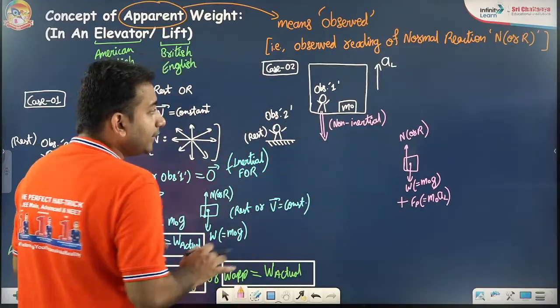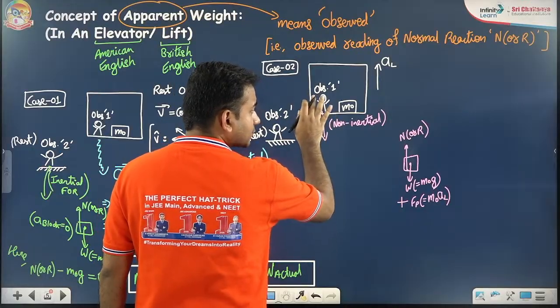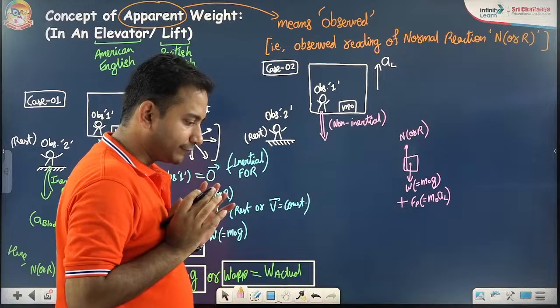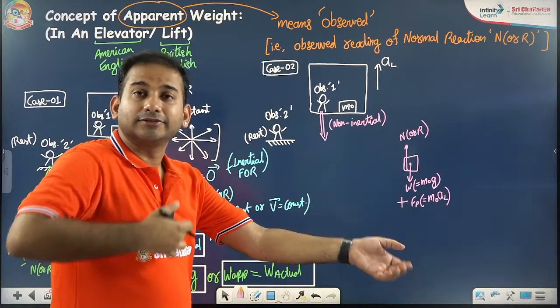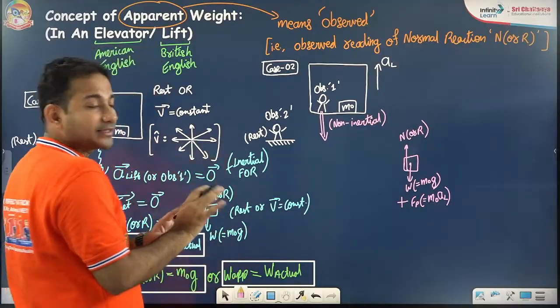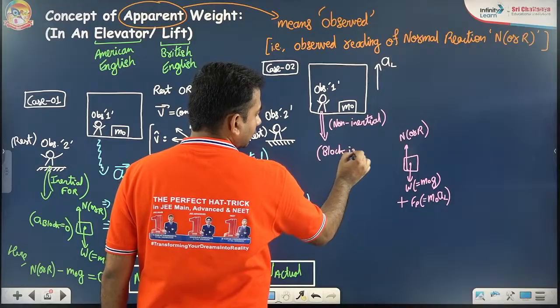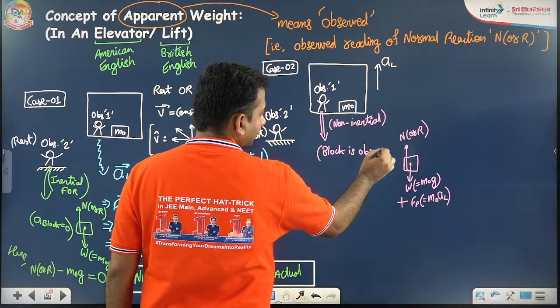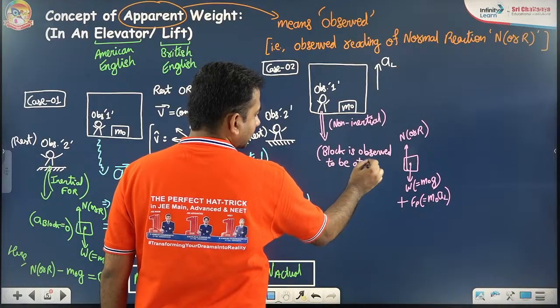All right, simple. Now, according to this observer, observer 1 is inside the lift. The block is also in front of him. So according to this observer, the block is observed to be at rest. That's the feeling.